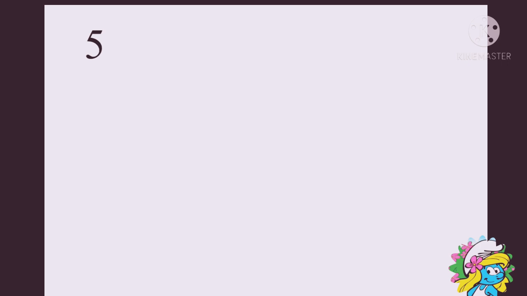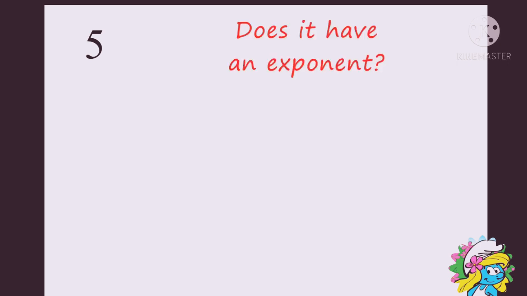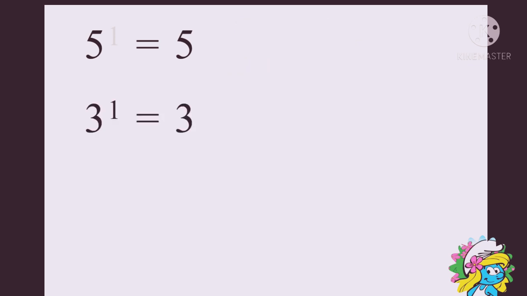Here is the whole number 5. Is it a power? In other words, does it have an exponent? Yes, all whole numbers have an invisible exponent of 1. This means that 5 to the power of 1 is equal to 5. And that 3 to the power of 1 will be equal to 3.